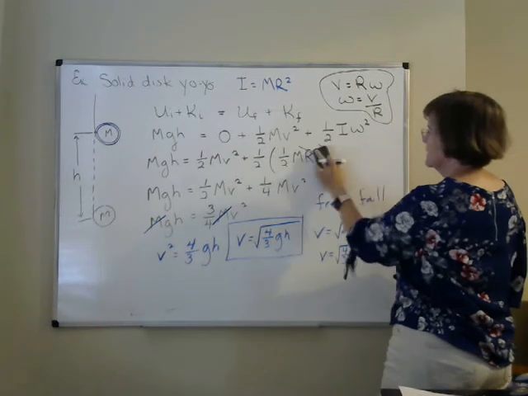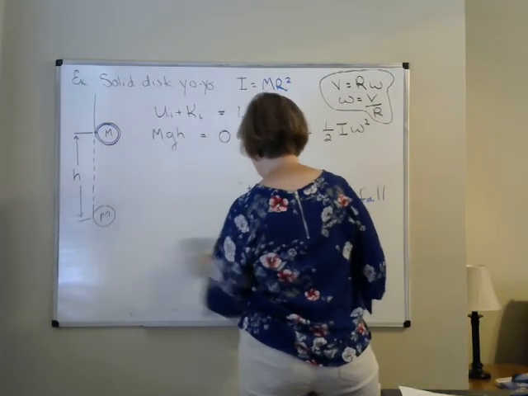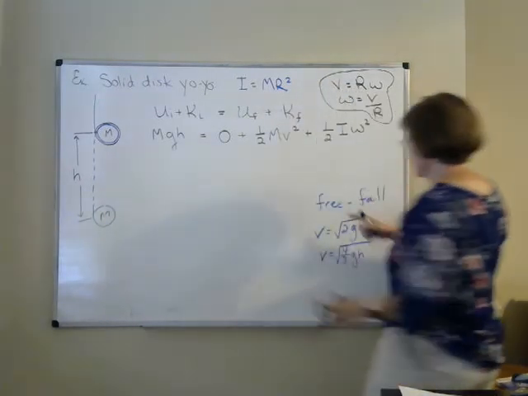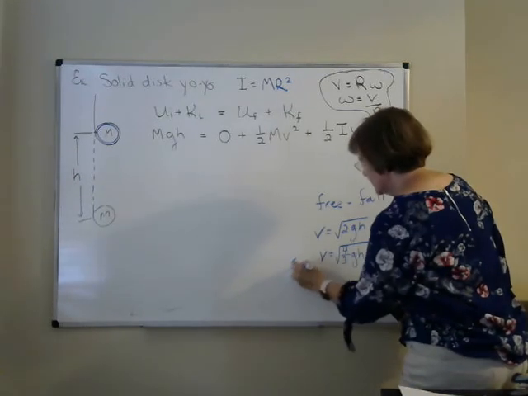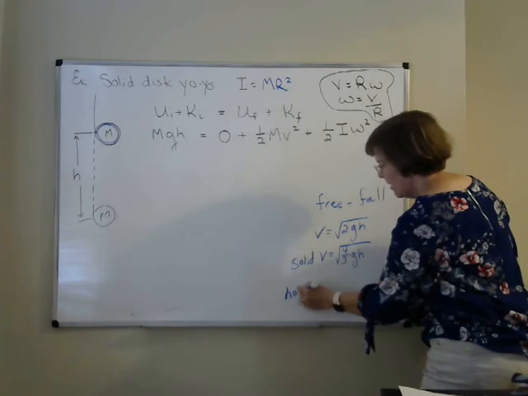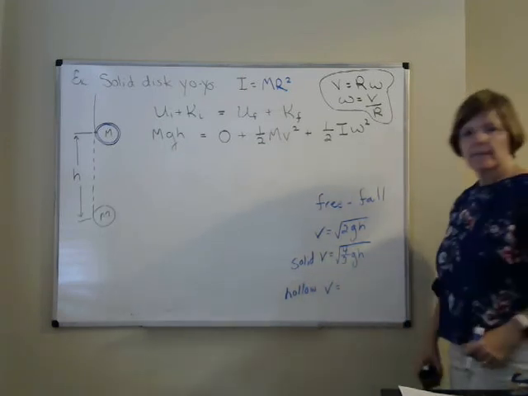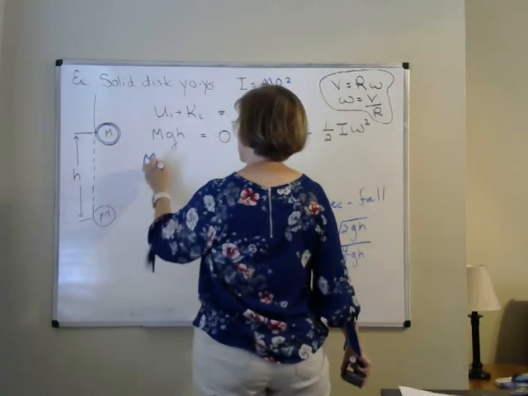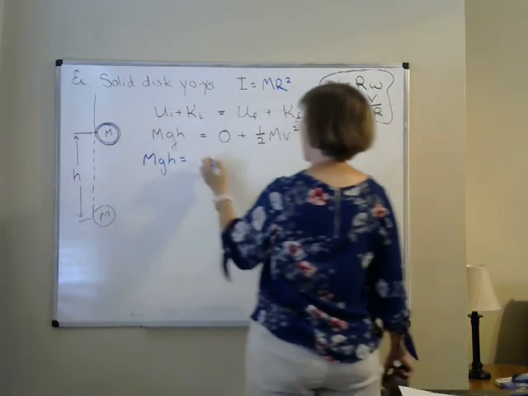Let's go back to the beginning just for the practice. So here's my free fall, this is my solid cylinder, and I want to see what happens when I get to that hollow cylinder, or that thin-shelled one. Okay. mgh, no potential energy at the bottom.